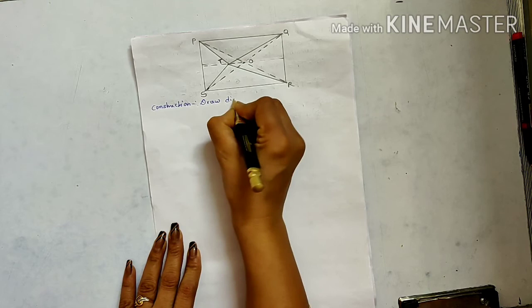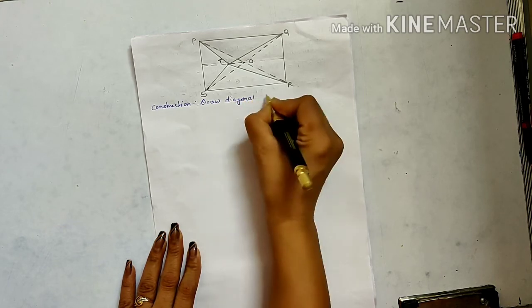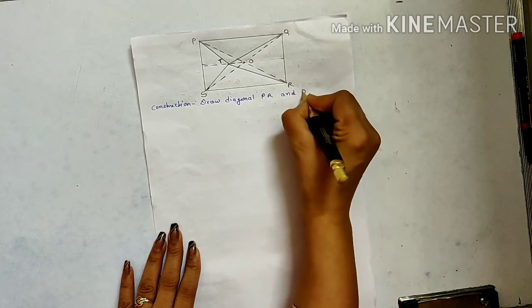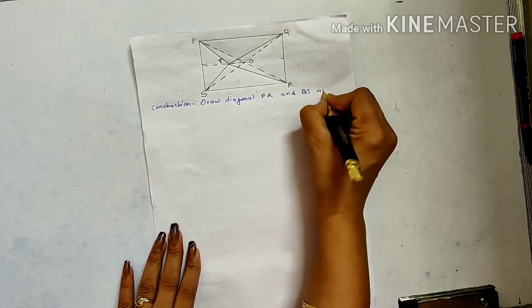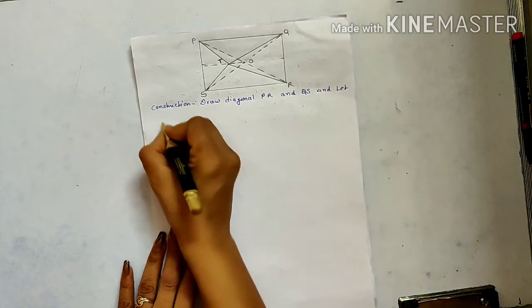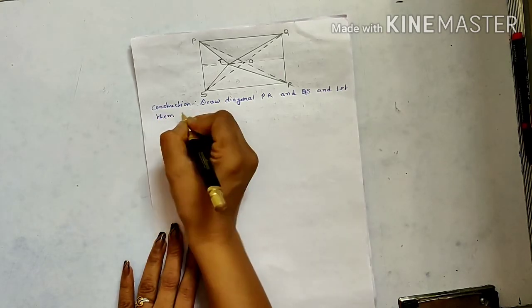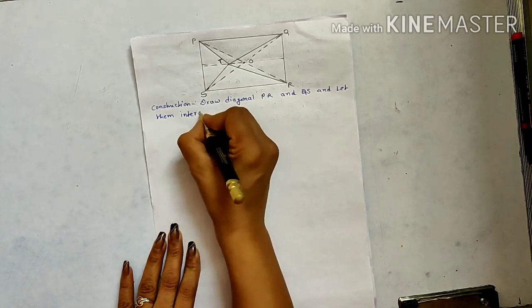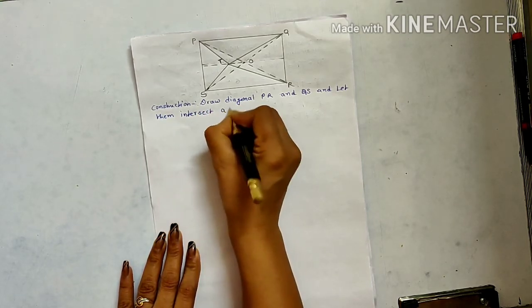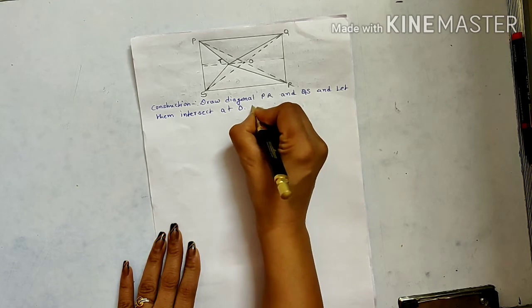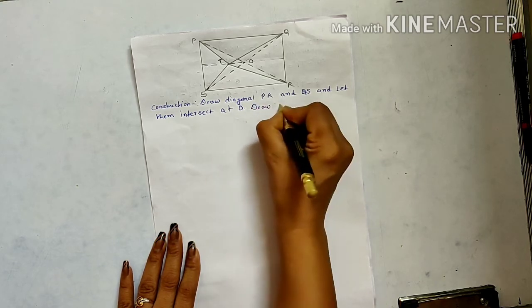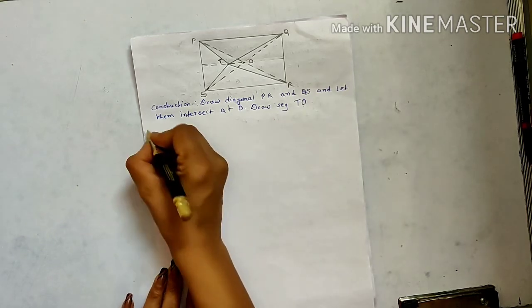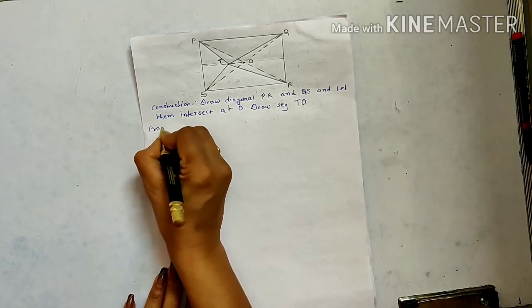Draw diagonal PR and QS and let them intersect at O. Draw segment TO. This is the construction.